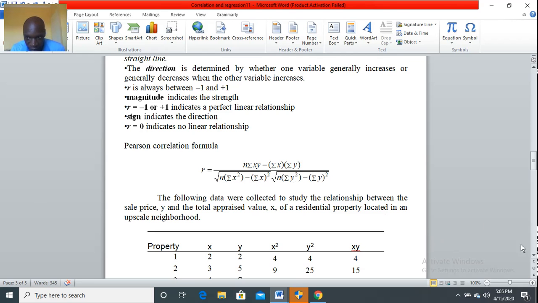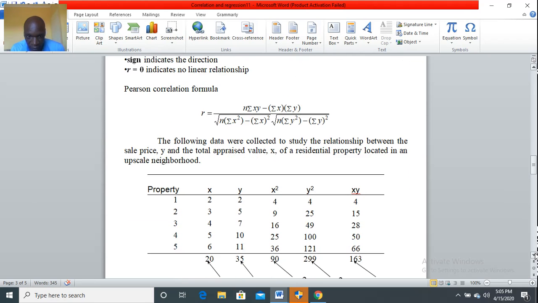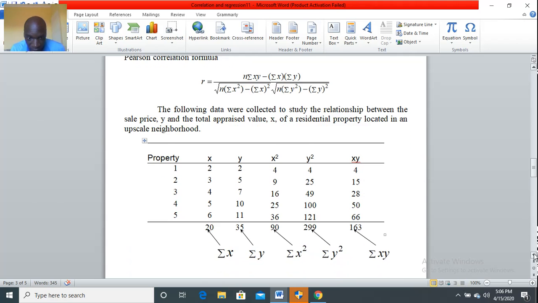I have put some figures here which are easy to calculate. Suppose these are our x and y: when x is 2, y is 2. When x is 3, y is 5. When x is 4, it's like our ice cream sales, but this is different data. When I add the x's, I get the summation of x.